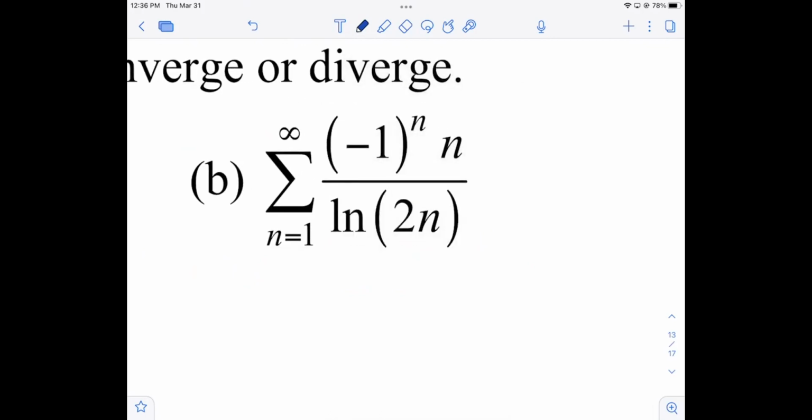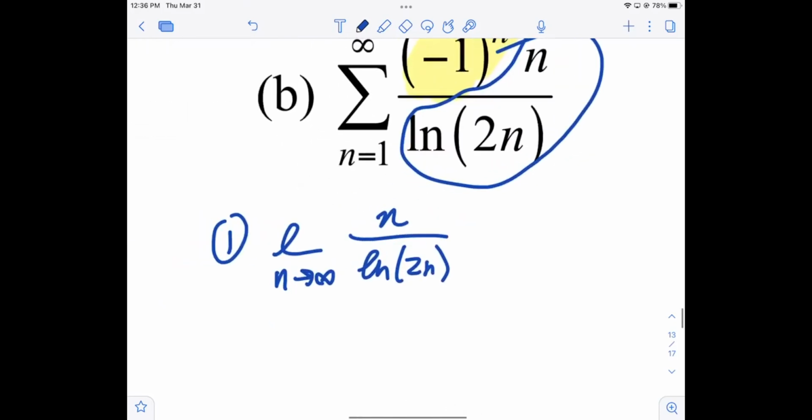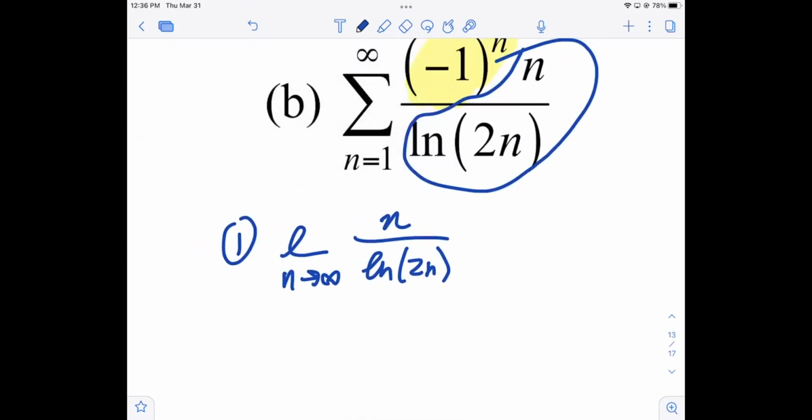All right, let's look at this fella. I spy an alternator. Do you? Yes, it's an infinite series. So we look at what's left and ask those two questions. What's the limit as n goes to infinity of n over the natural log of 2n? Who grows faster, top or bottom?